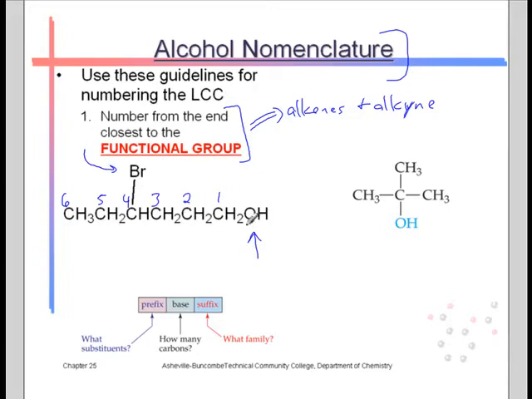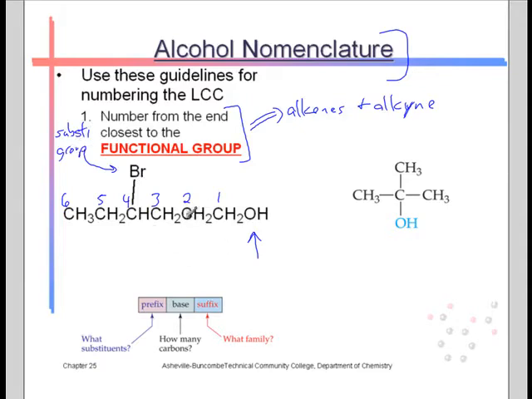It doesn't dictate how we number the longest carbon chain, except in the context of what you saw in the first presentation, meaning that if this was just a simple haloalkane with no alcohol functional group, then this would be treated as just another substituent group. And that's the role that it plays in all nomenclature.